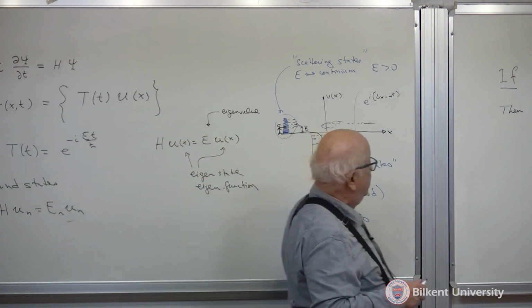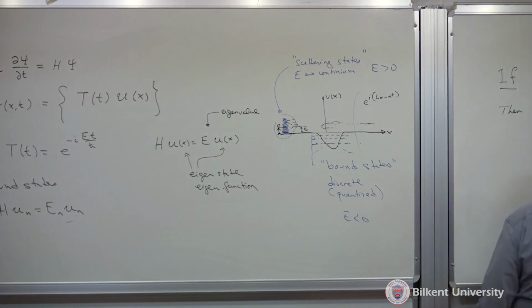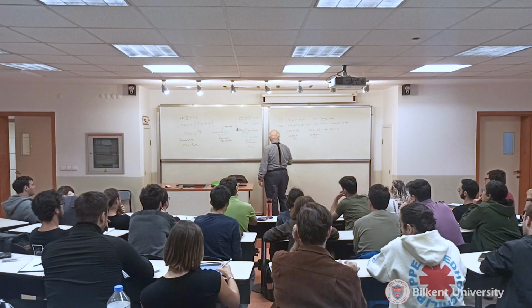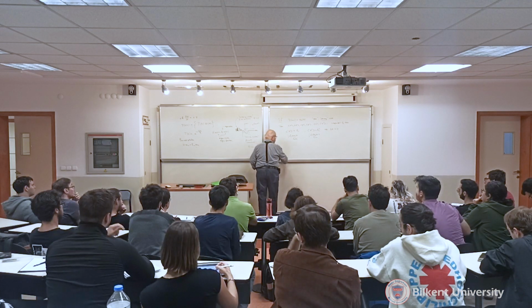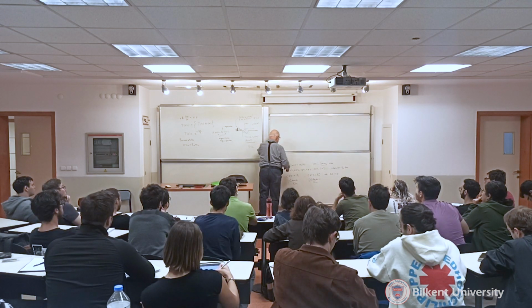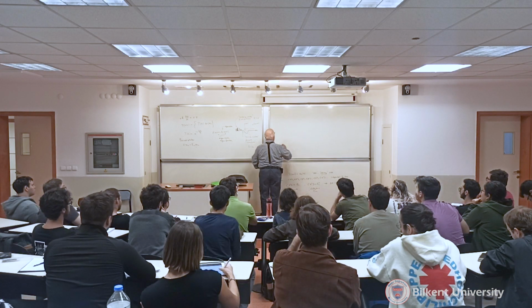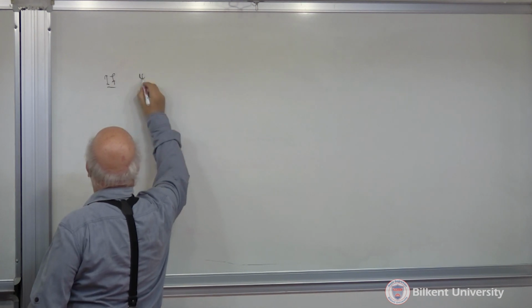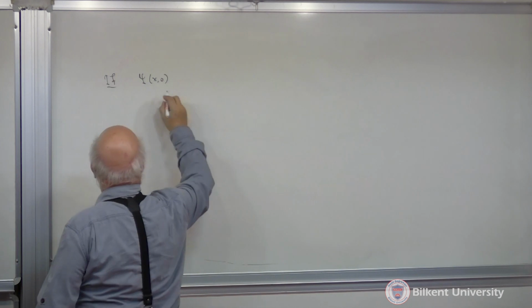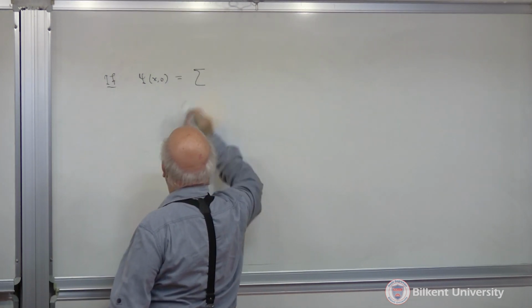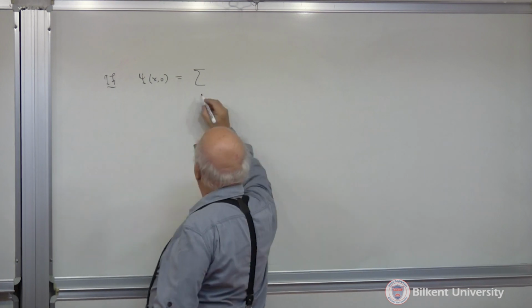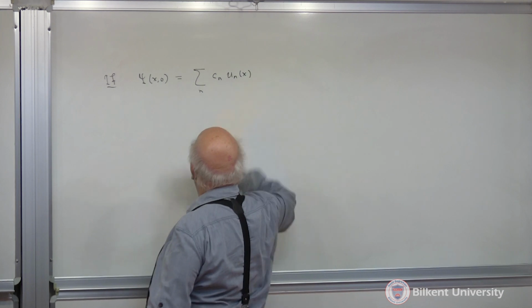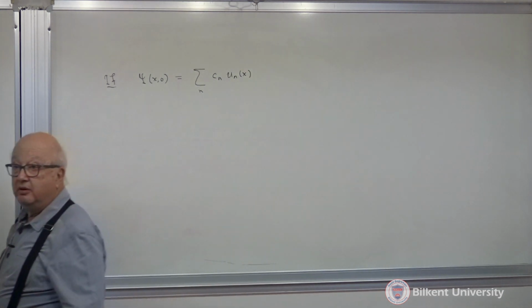All right, so now let's take everything to one higher state of complication. Let me keep this here, so I'll continue over there. Now, what happens if psi x0 now is not a pure state, but a linear combination of these un of x's.